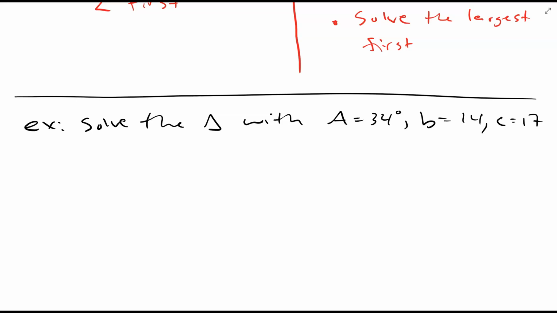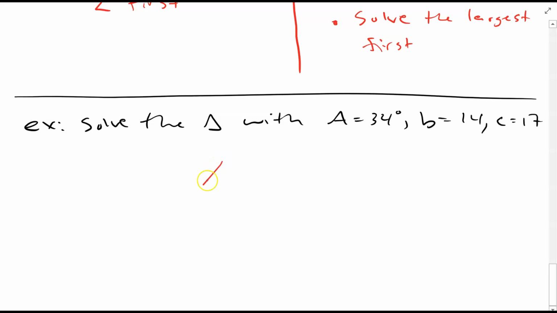First thing I'm going to do is check whether this is a side-side-angle or a side angle side situation, because for one I'd want to use the law of cosines, the other the law of sines, right?